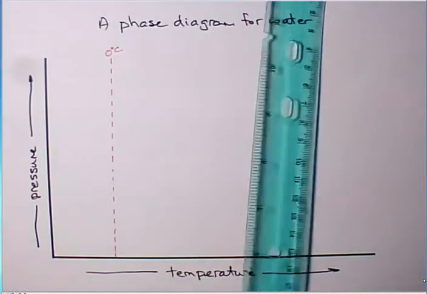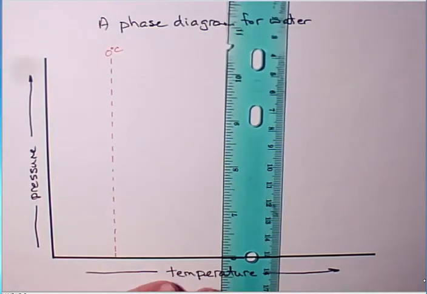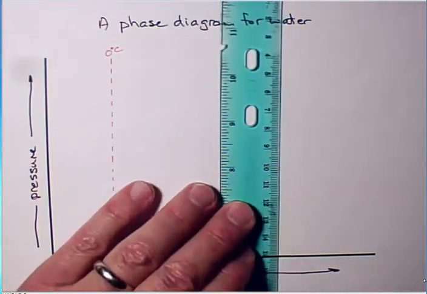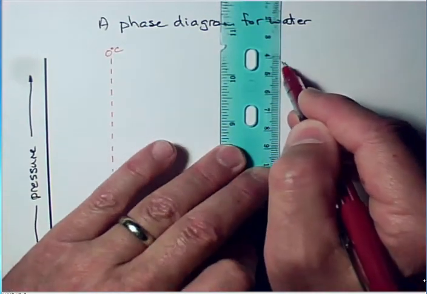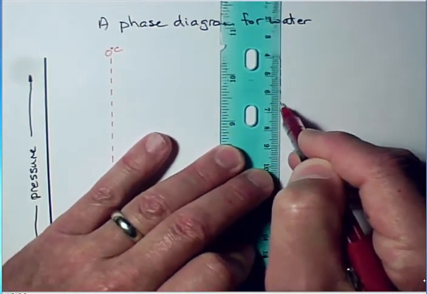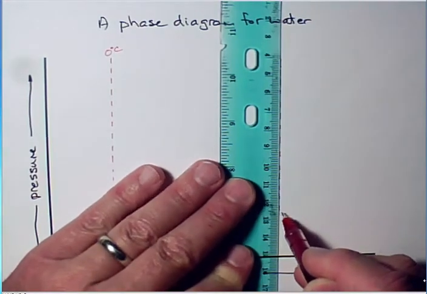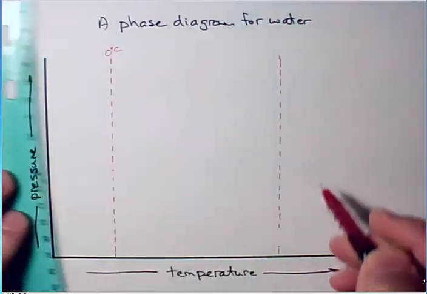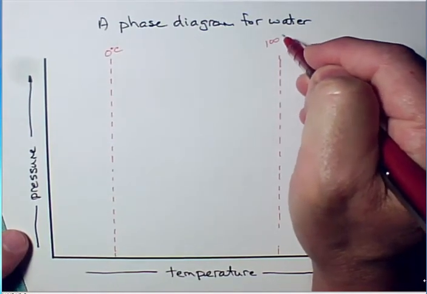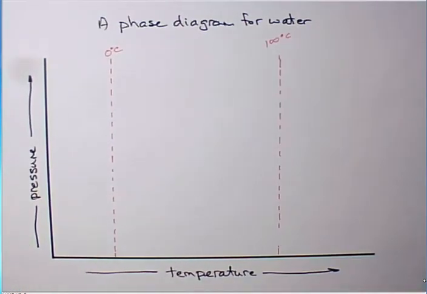And I can have a point up here somewhere for the boiling temperature of water. So we'll say this is our 100 degree C point.